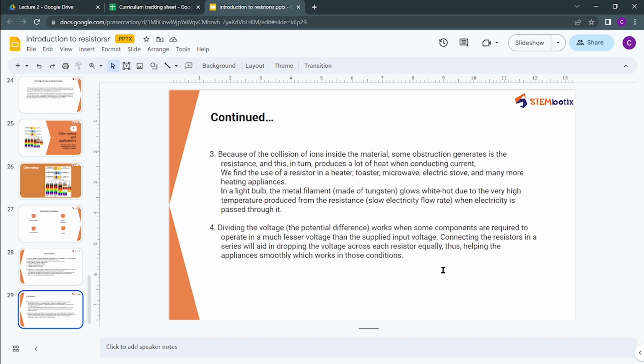Now the last application is dividing voltage. To divide the voltage at a particular node or in a particular device, you can use a resistor. Dividing the voltage, or the potential difference, works when some components are required to operate at a much lower voltage than the supplied input voltage.